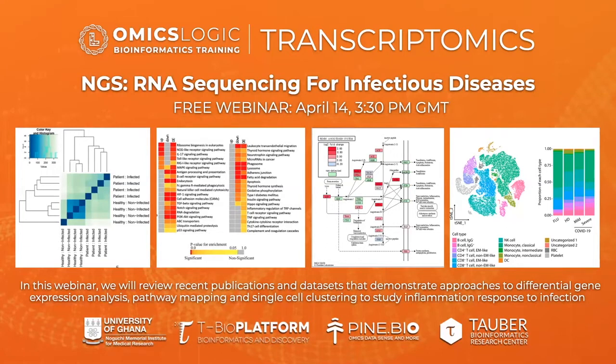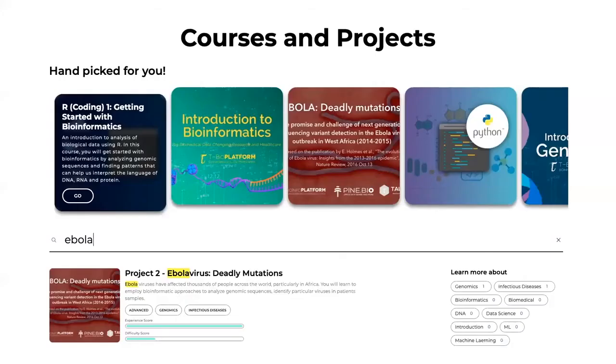This is typically done in collaboration with other universities and organizations. So not only do you get the opportunity to learn about the topic, but also interact with participants from these different institutions. You can find all of this on our OmicsLogic portal, which is learn.omicslogic.com. You will find there adapted courses for you personally based on your experience. As you progress, that will change.